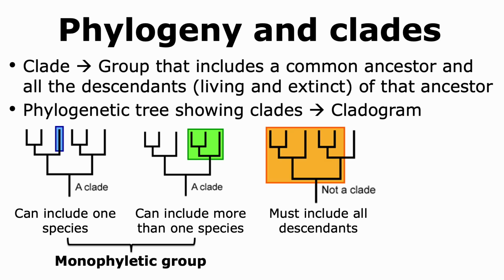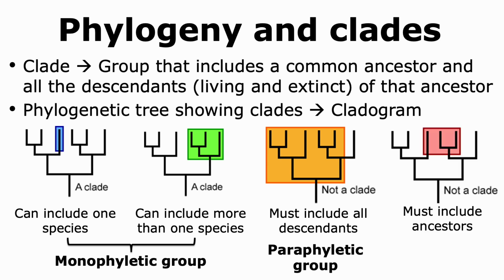It should be noted that if any of the descendants are not included in the group, then that group cannot be called a clade. In such situations, that group is a paraphyletic group because it includes the common ancestor and only some of the descendants.